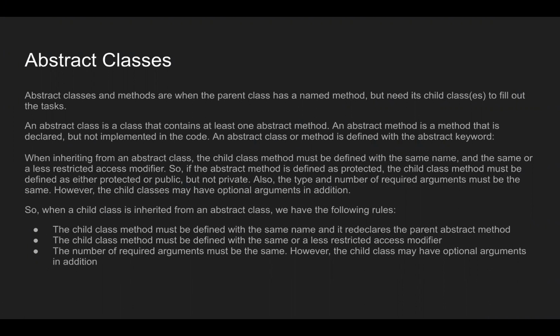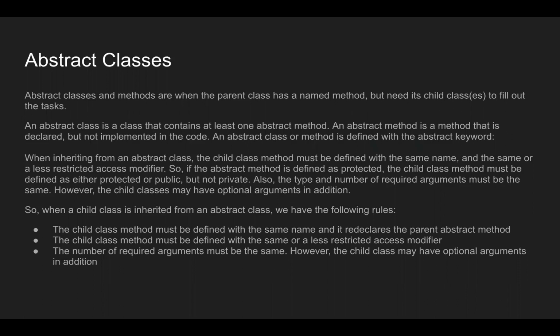The child class must define a method with the same name as the parent abstract method. And the child method must be defined with the same or a less restricted access modifier. So let's say the method was declared with protected, it's better you use protected or public.